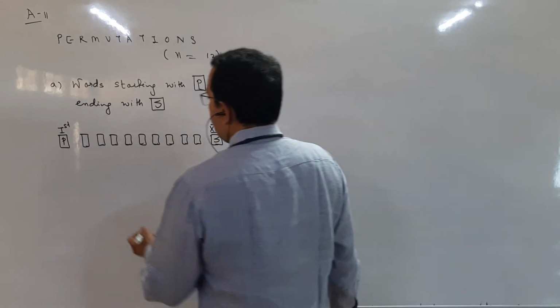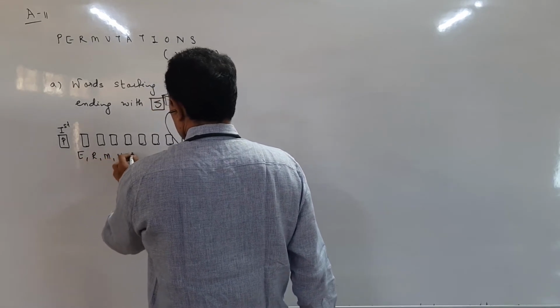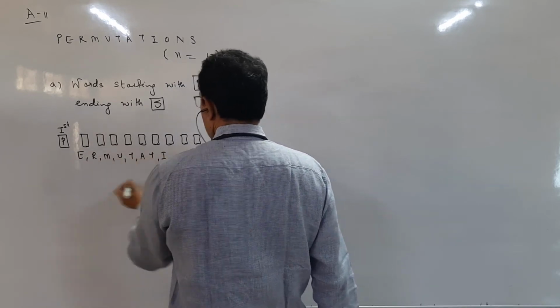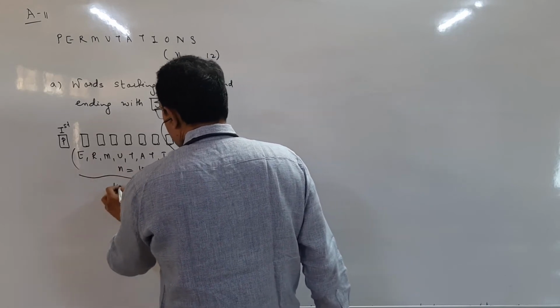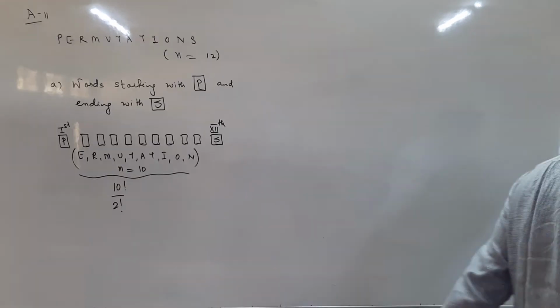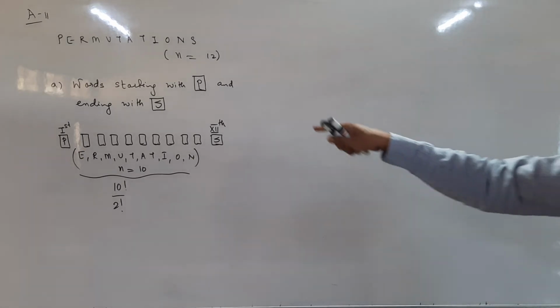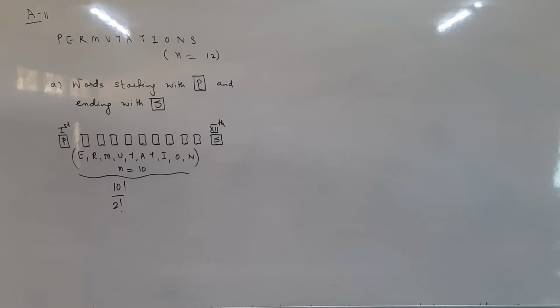For the remaining 10, which are E, R, N, U, T, A, T, I, O, N, these 10 can be arranged in 10 factorial divided by 2. Why? Because in these 10 letters, T is repeated twice. P is first, so that can be arranged in only one way. S is last, that can also be arranged in one way. So no need to consider that. Students, understood or not? P is first.